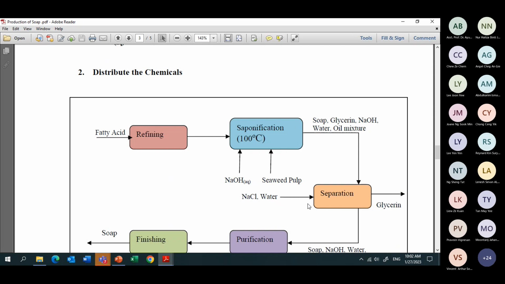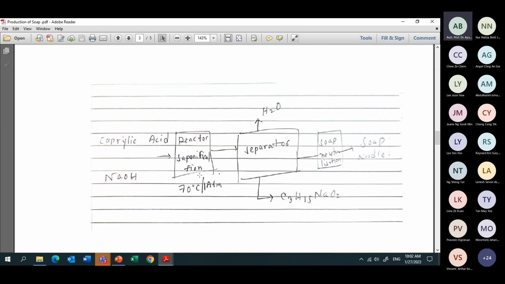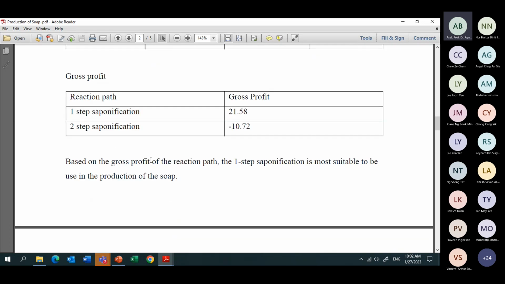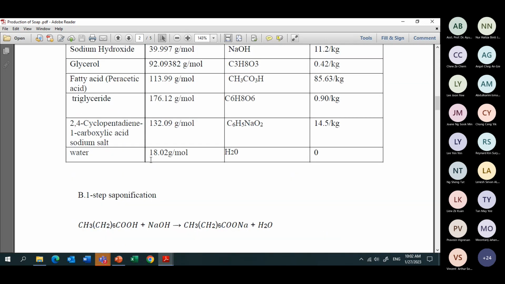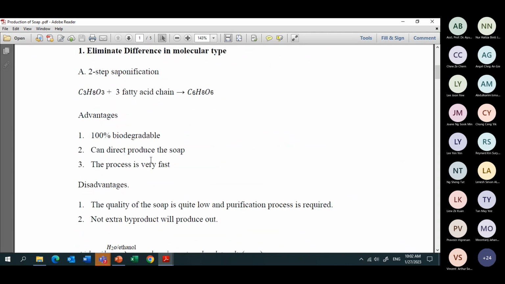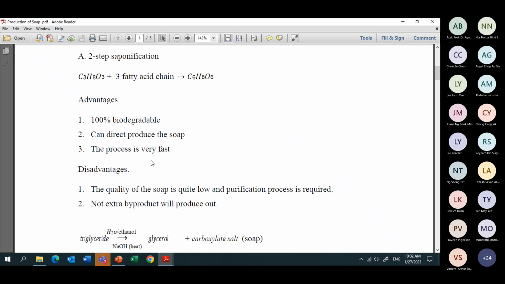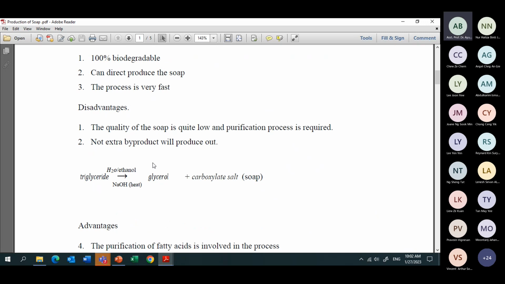Chemicals. Fatty acid. Where is this one? Caprylic acid, where? Which reaction is caprylic acid? Group Montarich, which reaction is caprylic acid?